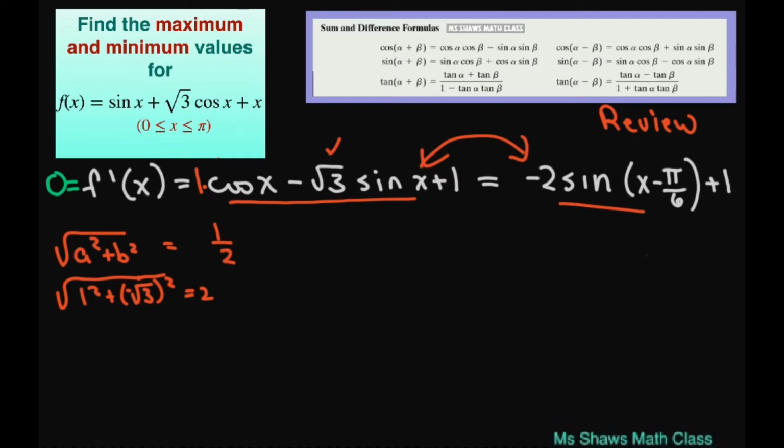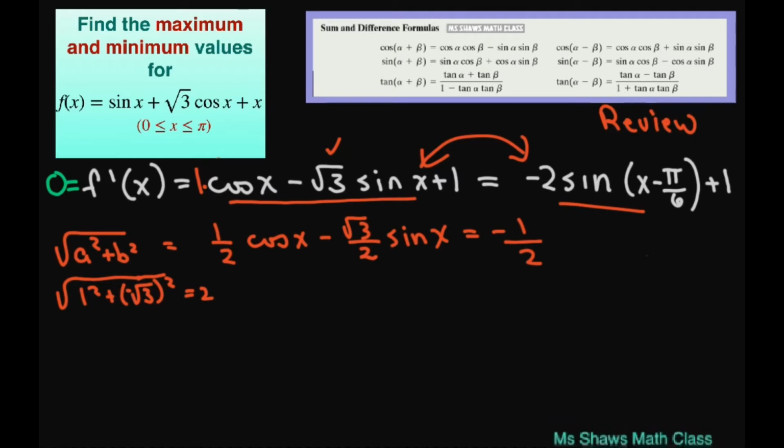So if I divide each term by 2, and technically when you're solving, you would move the 1 over if you set it to 0.